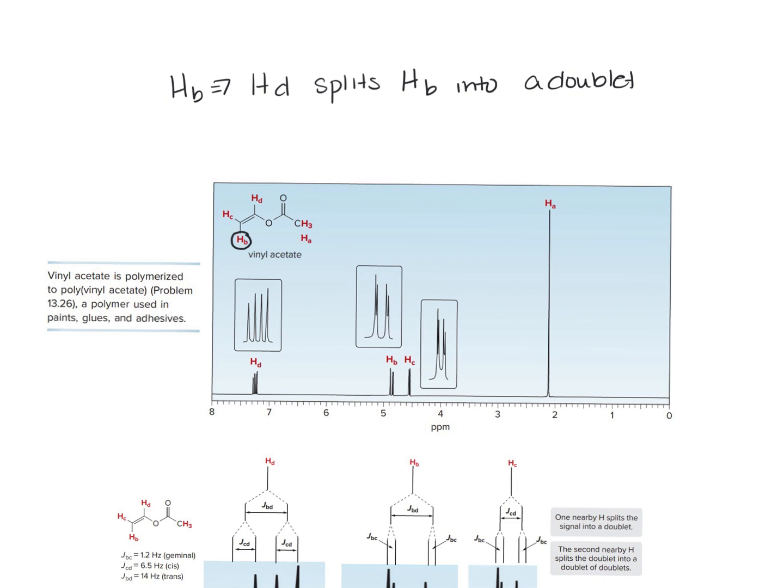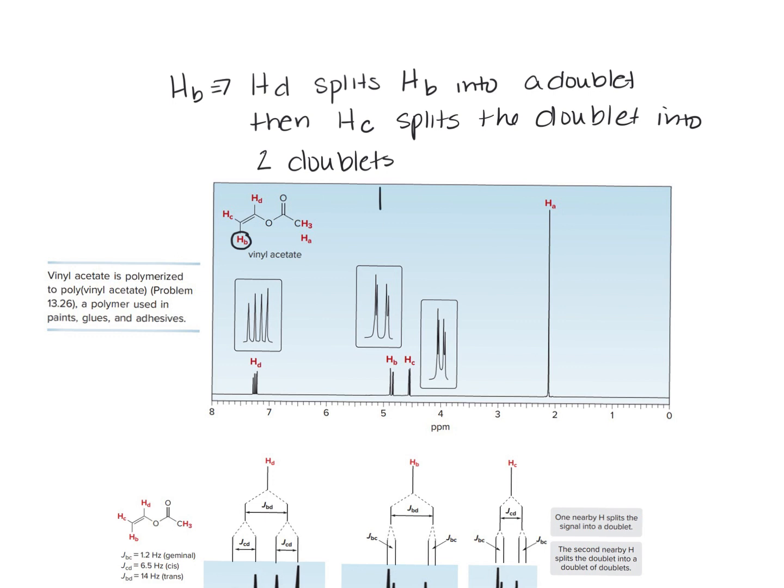That's because HC then splits the doublet into another doublet, so we get two doublets, which is what we see right there.